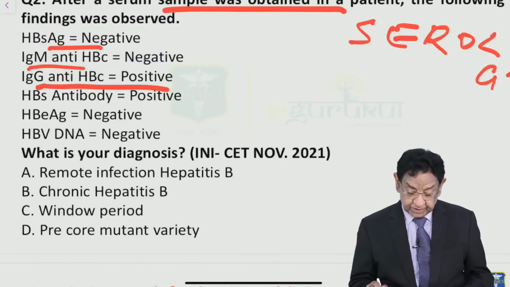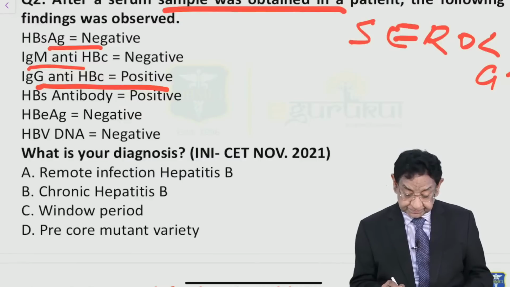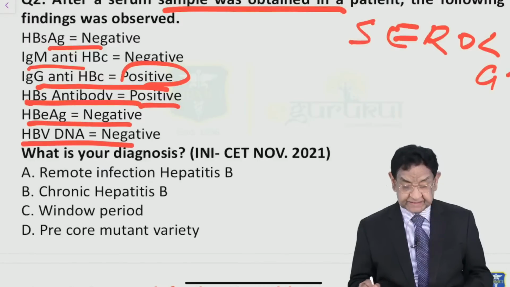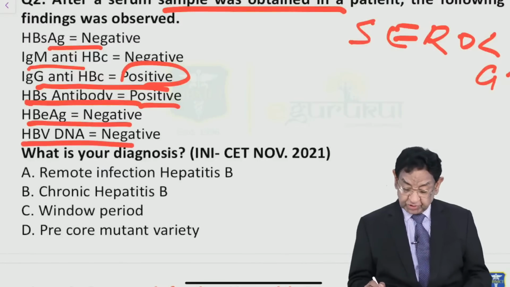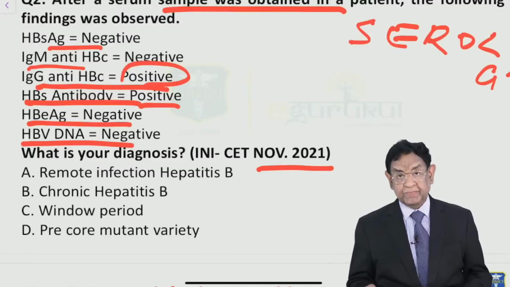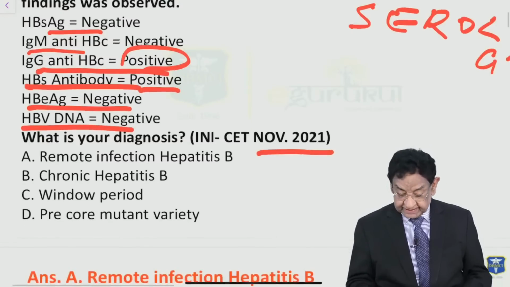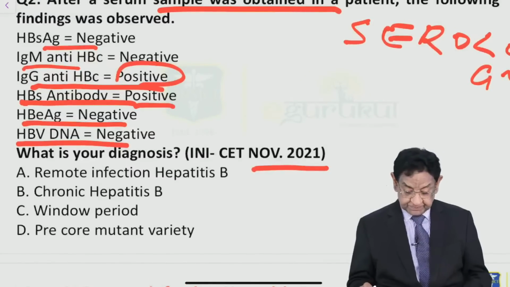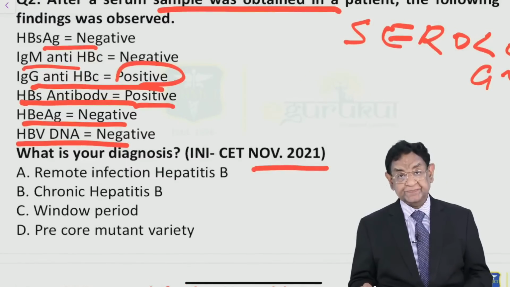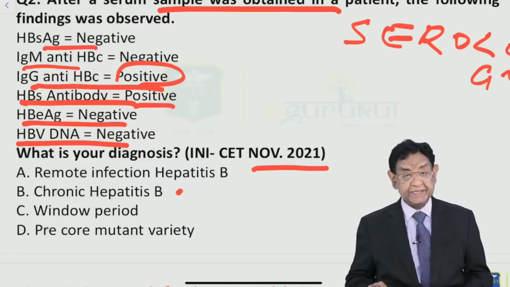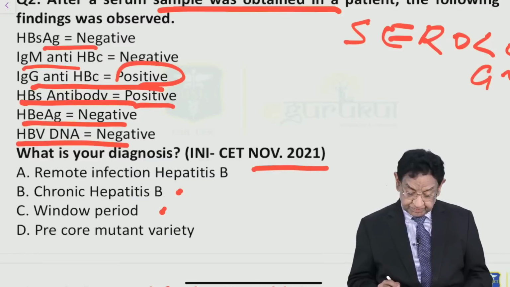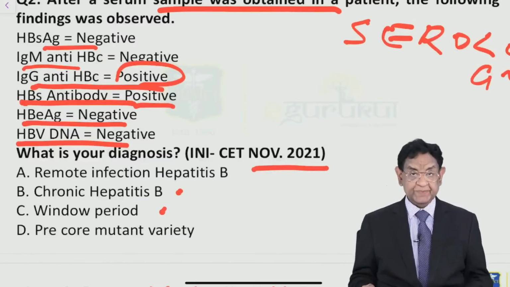IgG core antibody is positive. Surface antibody is positive, E antigen is negative, DNA is negative. What is your diagnosis? Again, November 2021 INI CET. There are 4 options. Remote infection, chronic hepatitis B, window period, pre-core mutant variety.